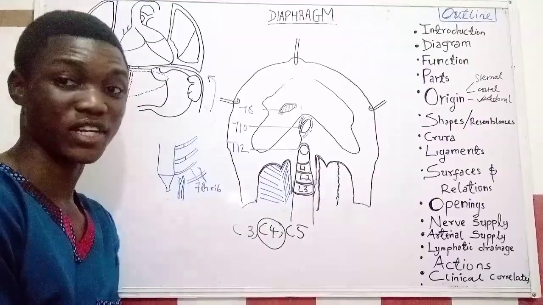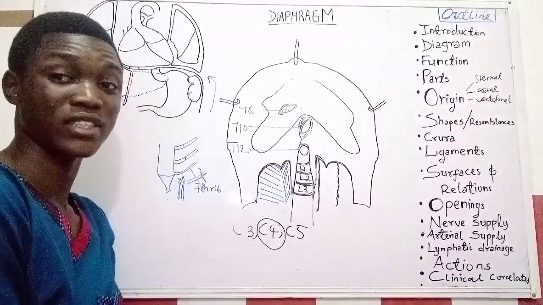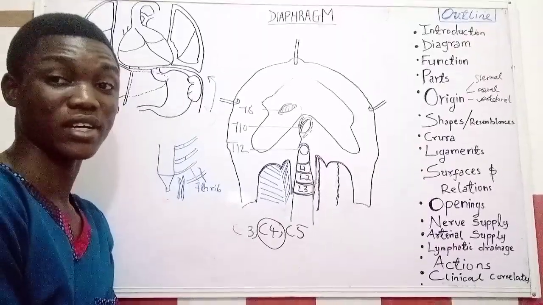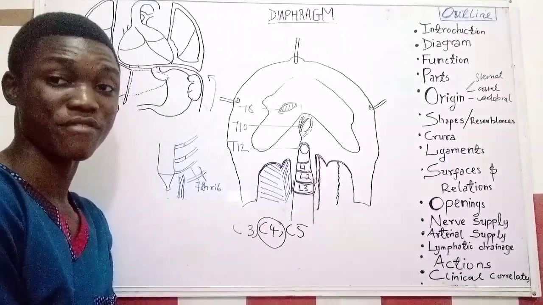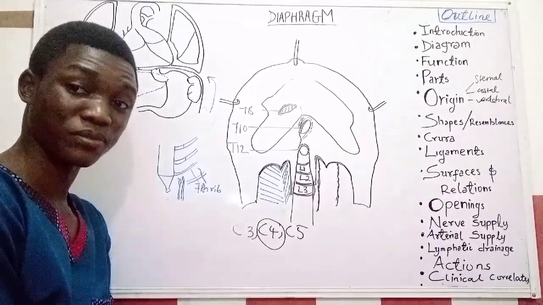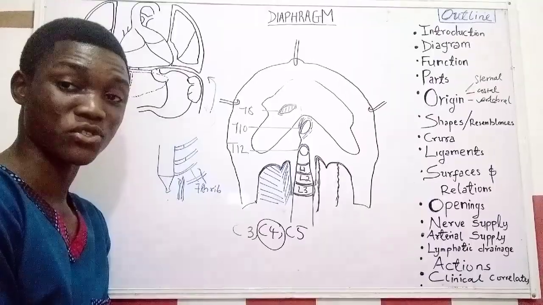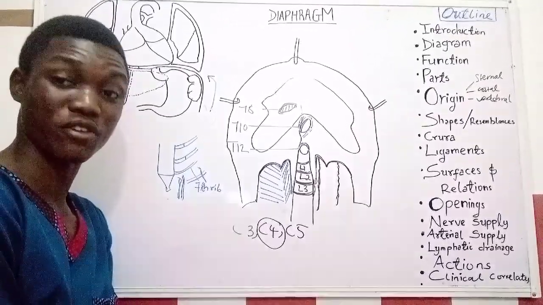These two are the major arteries supplying the diaphragm. The superior phrenic artery is derived from the thoracic aorta, while the inferior phrenic artery is derived from the abdominal aorta, and the superior supplies the superior surface, while the inferior phrenic artery supplies the inferior surface of the diaphragm.